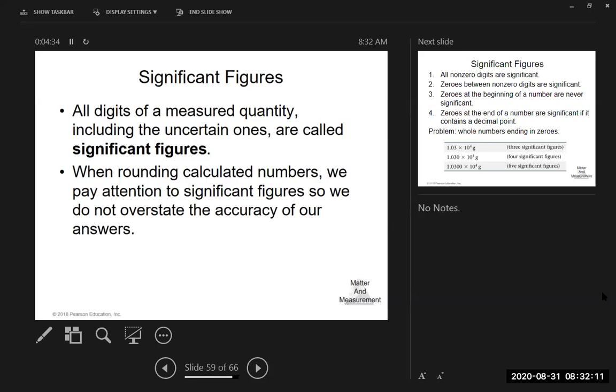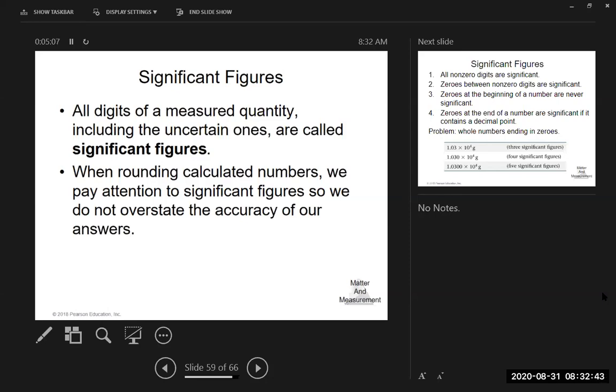So let's talk a little bit about significant figures. When we talk about significant figures, the idea behind that is when we have our data, we want the numbers that make up that data to be as accurate and as informative as possible. And so based on how the measurements are made, how the calculations are done, our calculator or our spreadsheet may give us a whole bunch of digits.